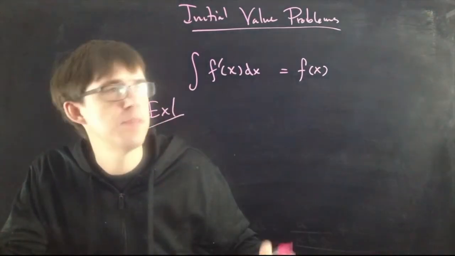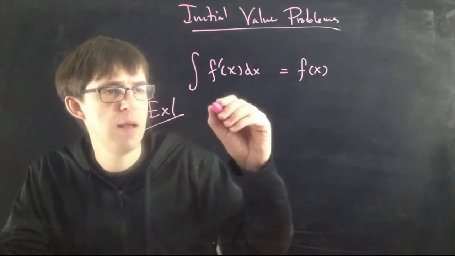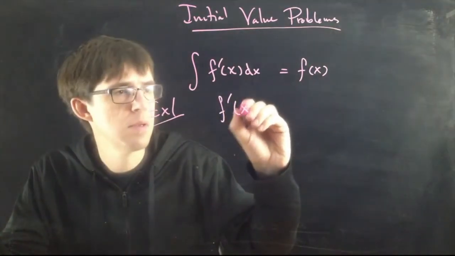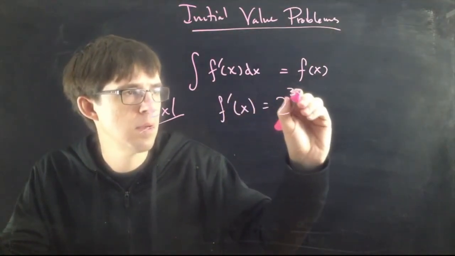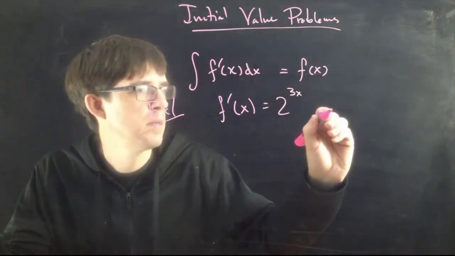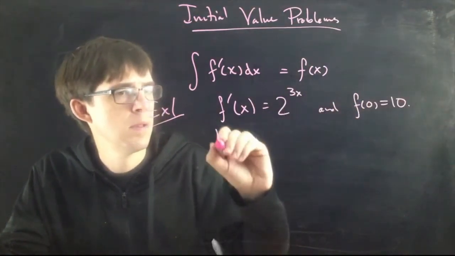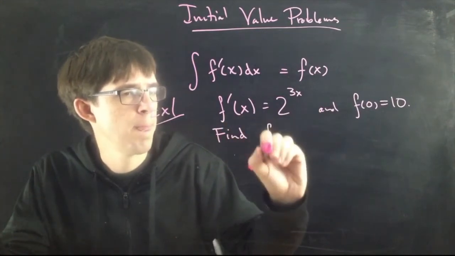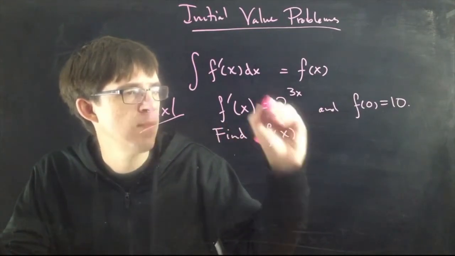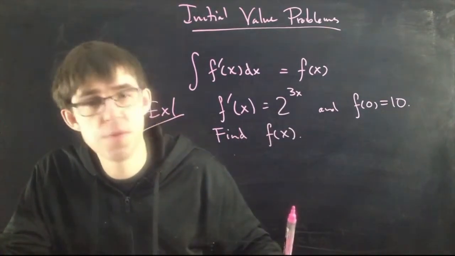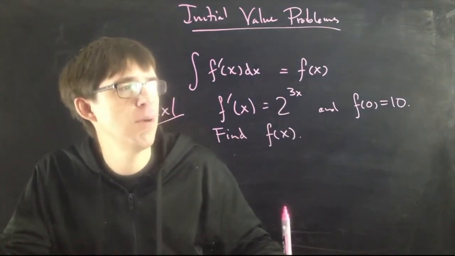This is an example of something generally called an initial value problem. Here it is. It says, I'm telling you that f prime of x is 2 to the 3x and f of 0 equals 10.